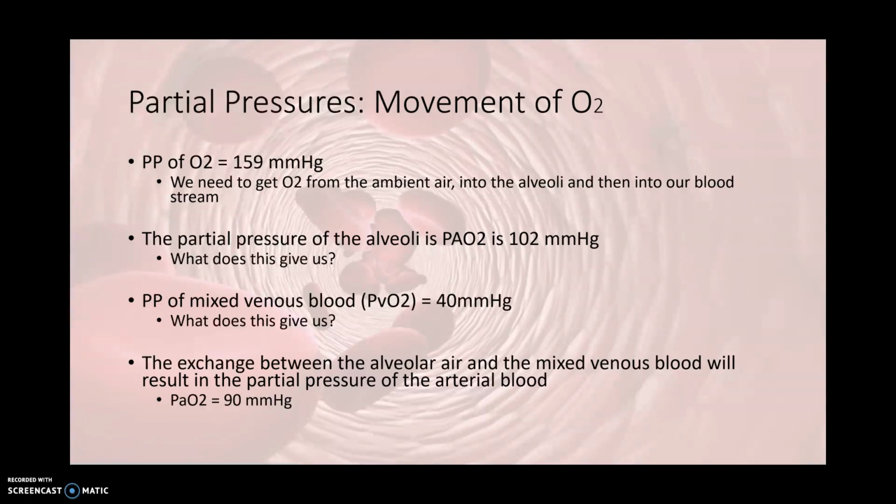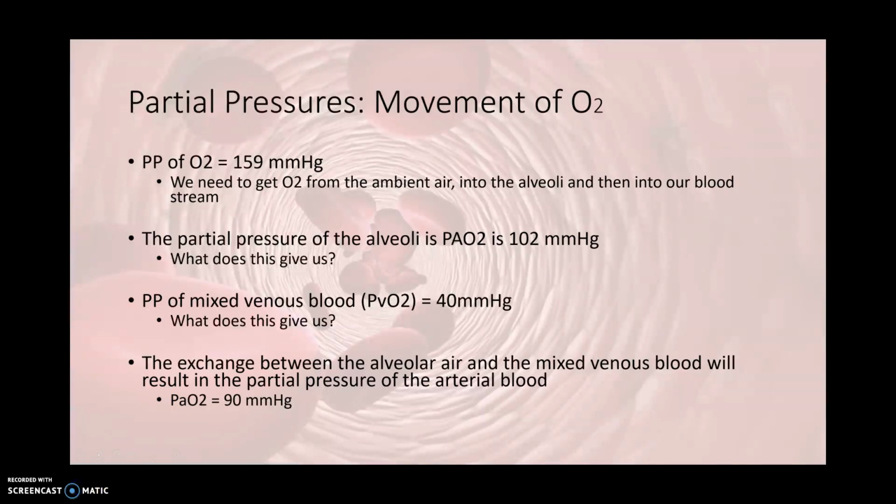Again, that gives us a nice wide gradient of about 60 millimeters of mercury to move O2 from the alveoli of our lungs to the mixed venous blood. The exchange between the alveolar air and the mixed venous blood will result in the systemic arterial pressures, right? So now the partial pressure of the arterial blood, PaO2, is 90 millimeters of mercury.